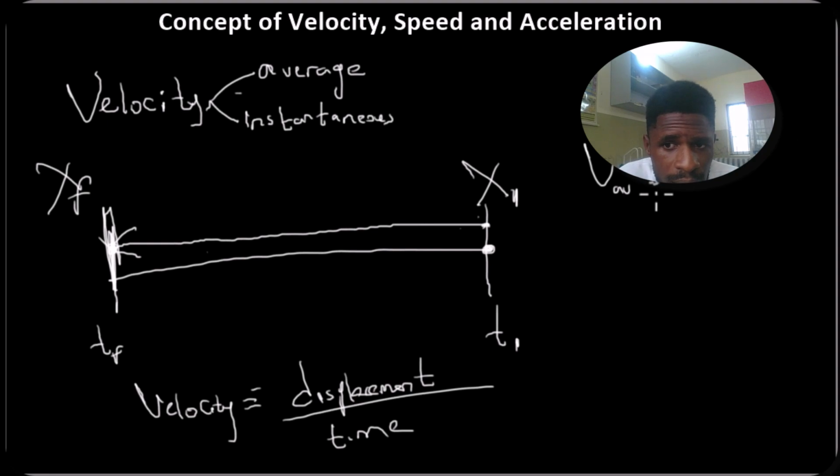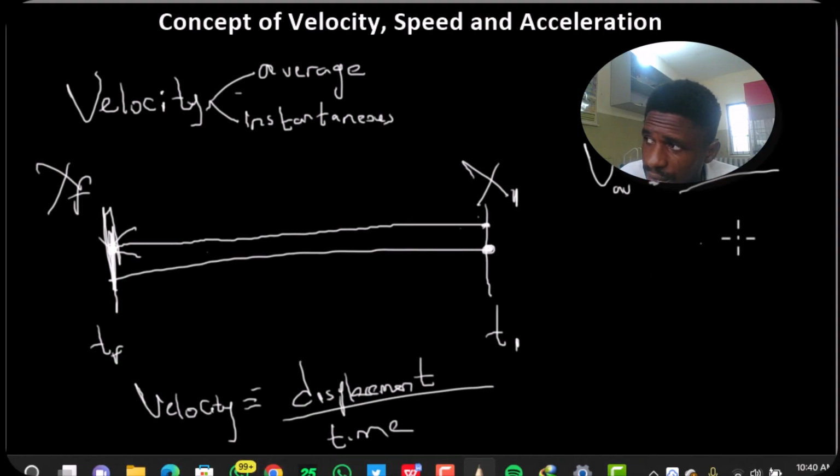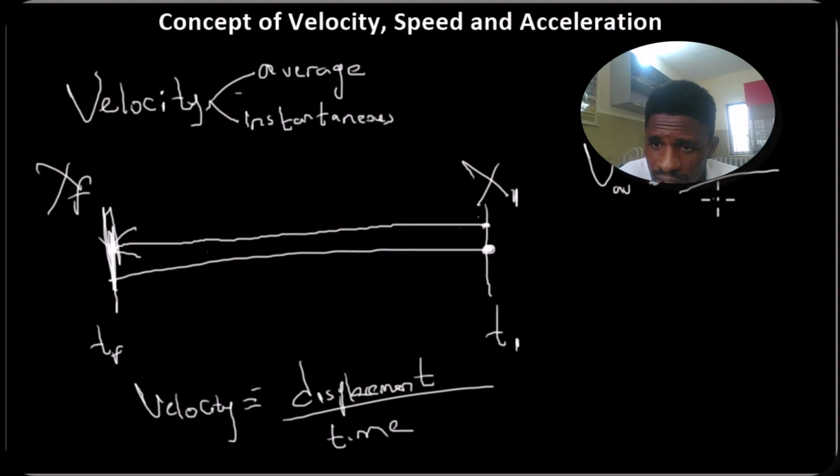Since displacement is denoted as delta x, and if this is t1 and this is tf, then the time taken during the part of that motion will be delta t. And in physics, when we say delta over delta, the first thing that comes to our mind is the slope of a line. Slope of a line, slope.